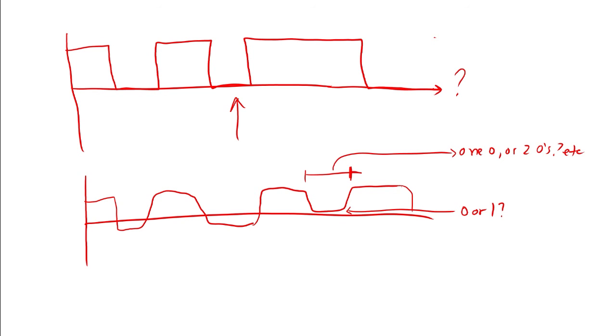How do we measure this? How do we make this signal so perfect that there's no ambiguity on the other end as to what it is?